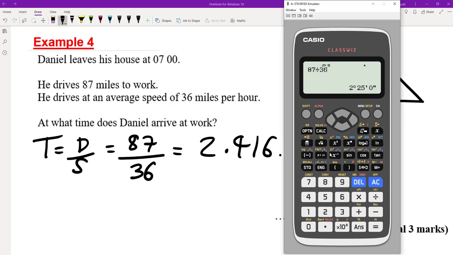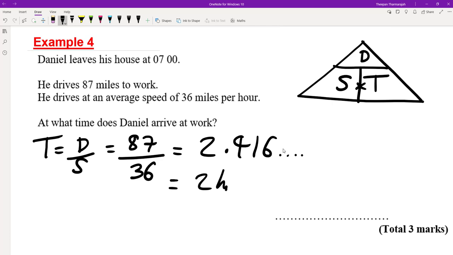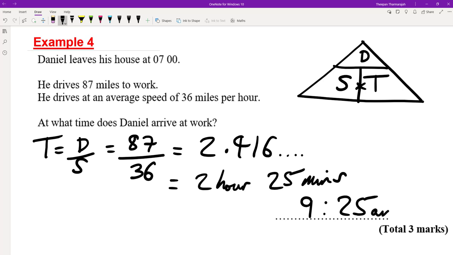That's the button we're going to press, and that will give me exactly 2 hours and 25 minutes. Now, if Daniel leaves his house at 7 o'clock, that means he takes 2 hours and 25 minutes to get to work. So that means he arrives at 9:25 a.m.